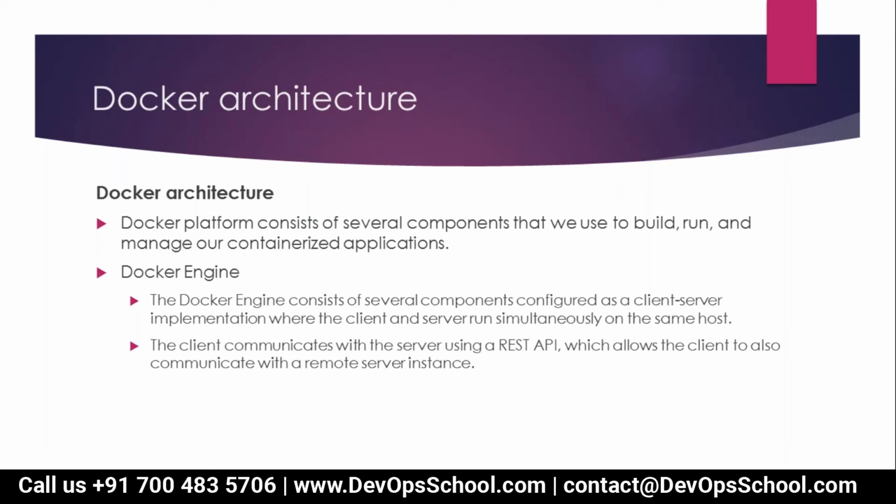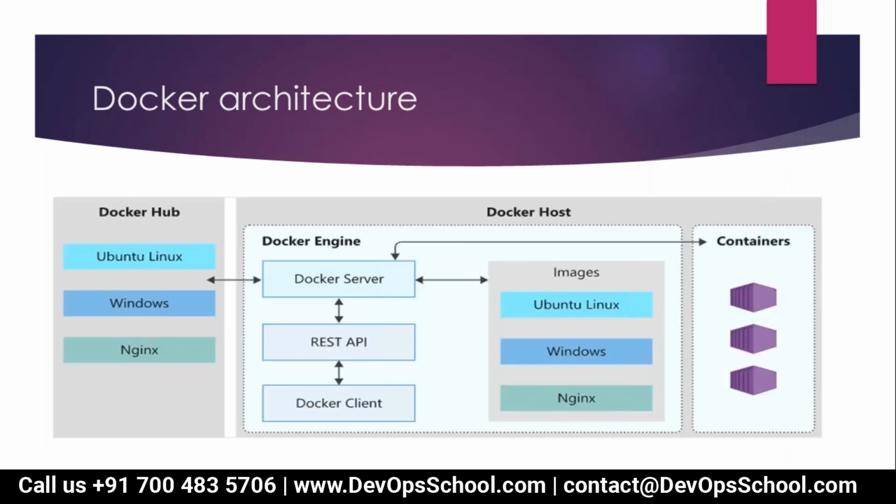The client communicates with the server using REST API, which allows the client to also communicate with a remote service instance. See, this is the Docker host. My request to all of you: do not use Windows or others.